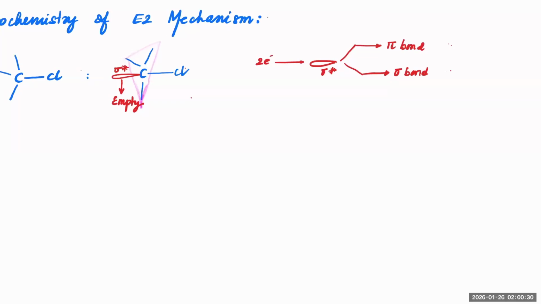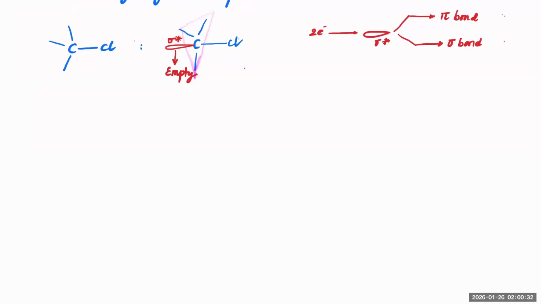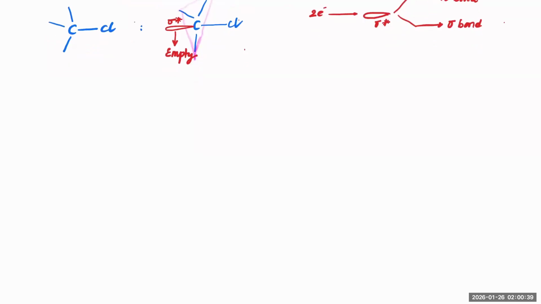Okay. Now let's see, when would this happen? In which case it is most likely to happen. Let's see. Suppose if you have a carbon here, and then I have one more carbon connected here. Then I have a chlorine here. I have one hydrogen here. One group is going inside like this.